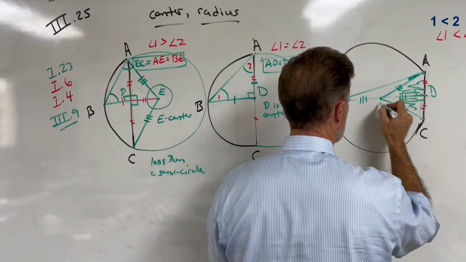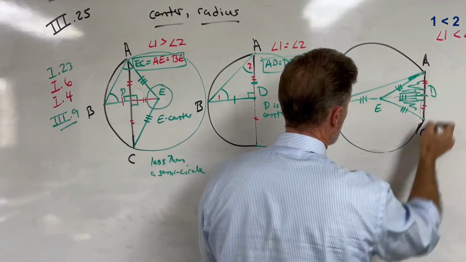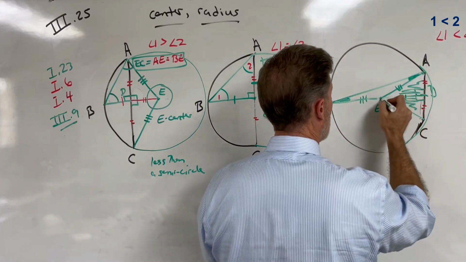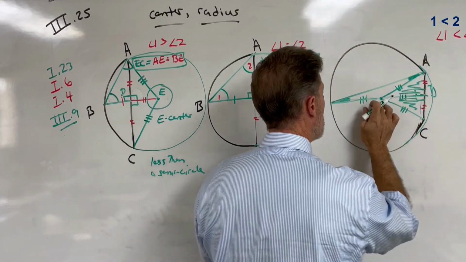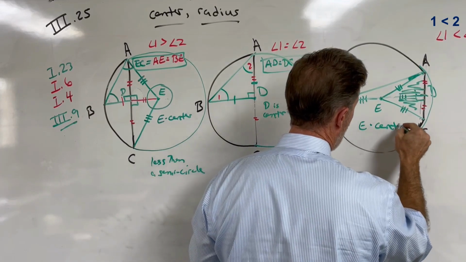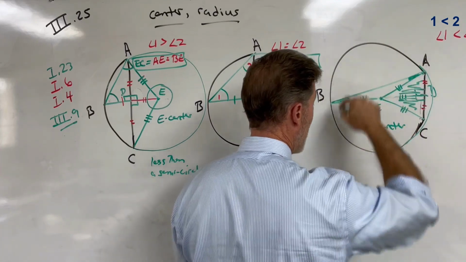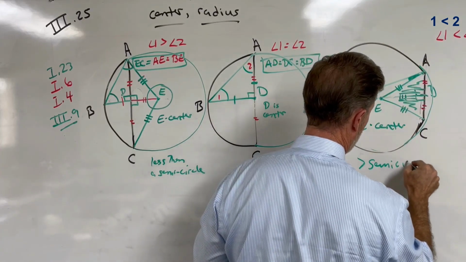And so if we take this point here, call it E, and we take any one of these lengths and we sweep it around, we will complete the circle. And we know that that's the center of the circle because we have 3 equal lines from the circumference intersecting at point E. So E is our center, and it's pretty clear that E is falling inside this segment. Therefore, that segment must be greater than a semicircle.